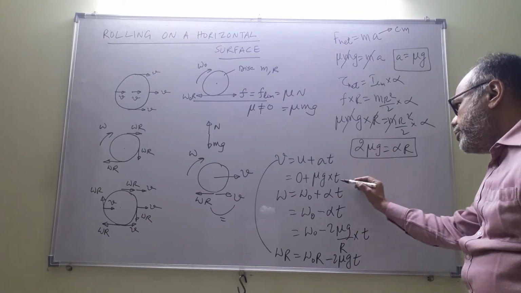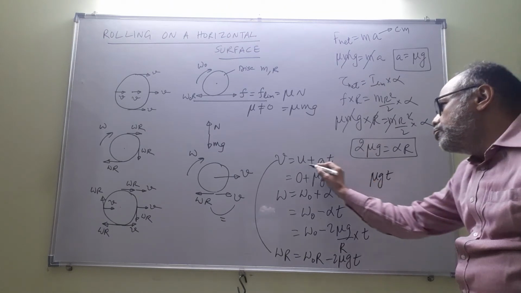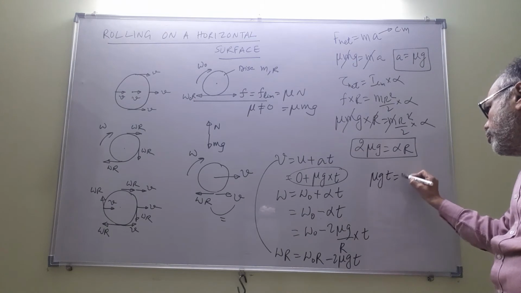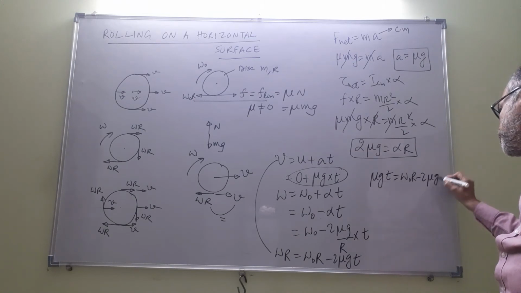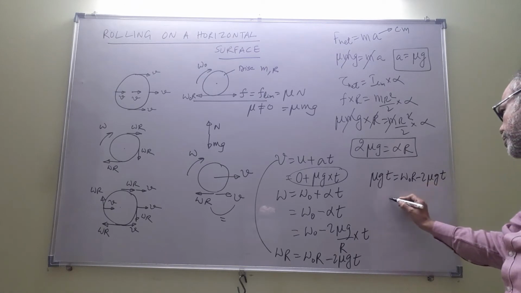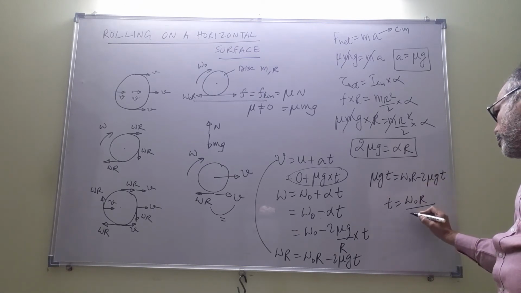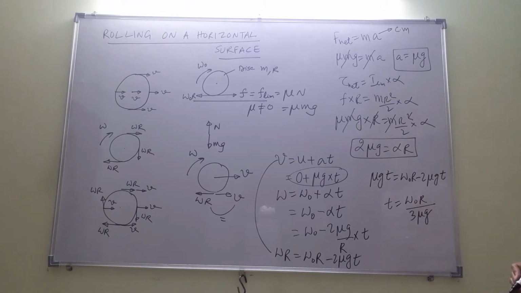You will get mu g t, that is v, equal to omega naught r minus 2 mu g t. If you simplify this, you will get t is equal to omega naught r by 3 mu g. That is the time at which pure rolling will start.